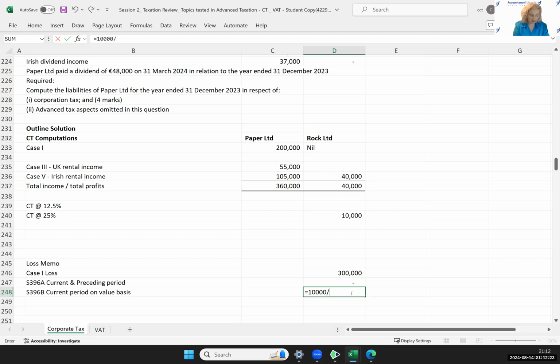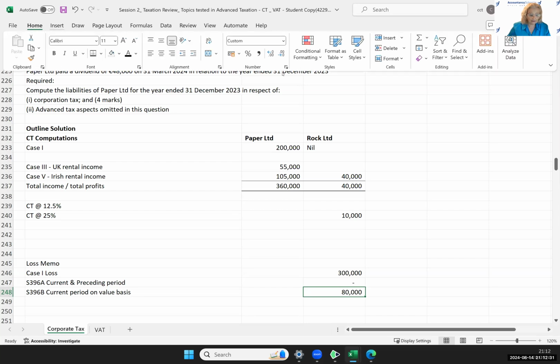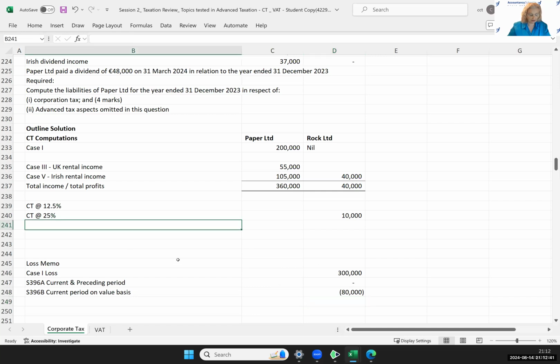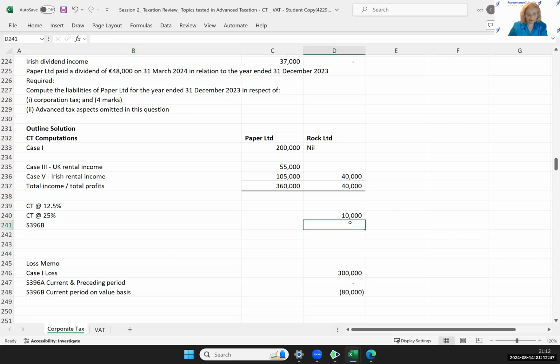Divide by 12.5%. And that gives me 80,000. So I need to take 80,000 of losses. And when I multiply that 80,000 of losses by 12.5%, that gives me the value basis relief for Rock Limited.